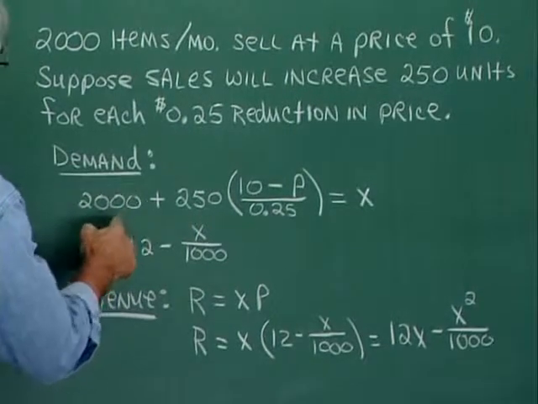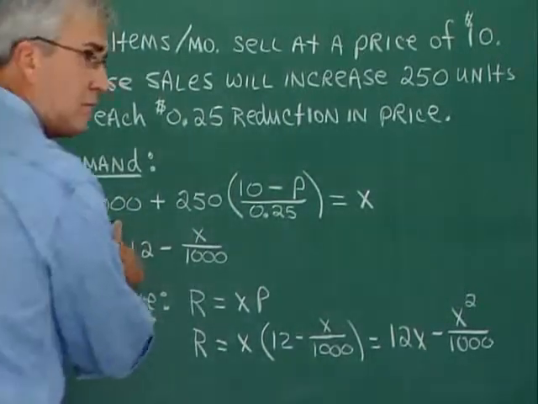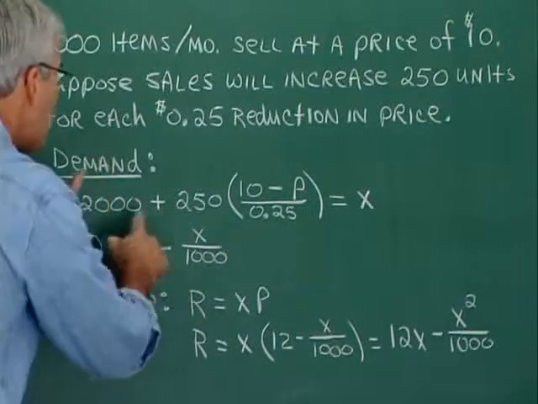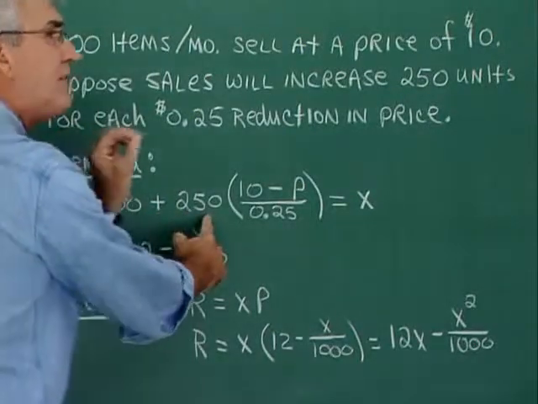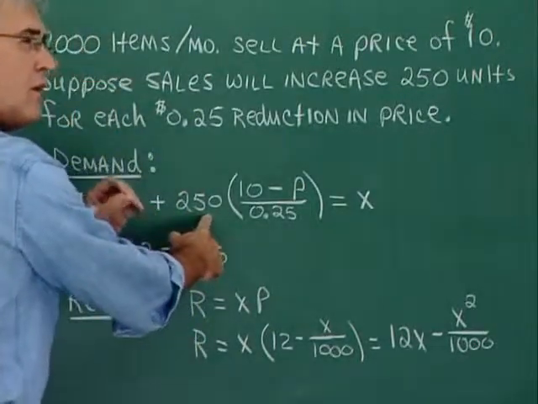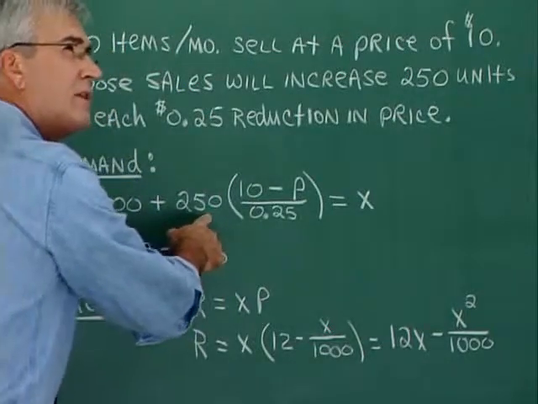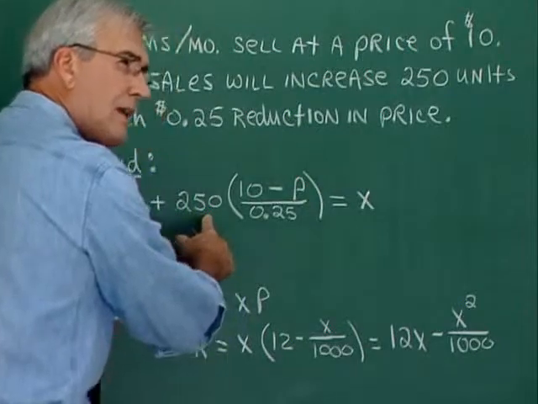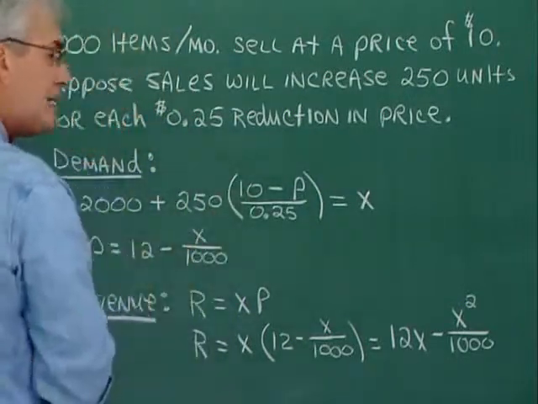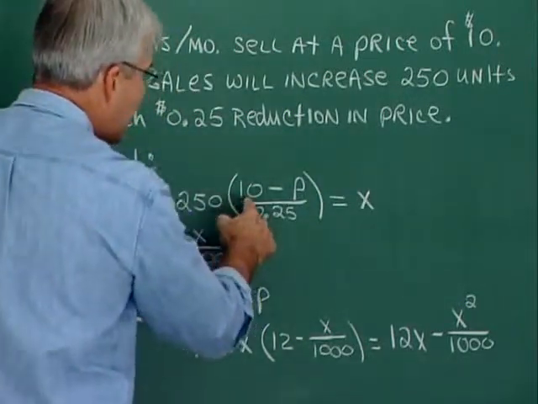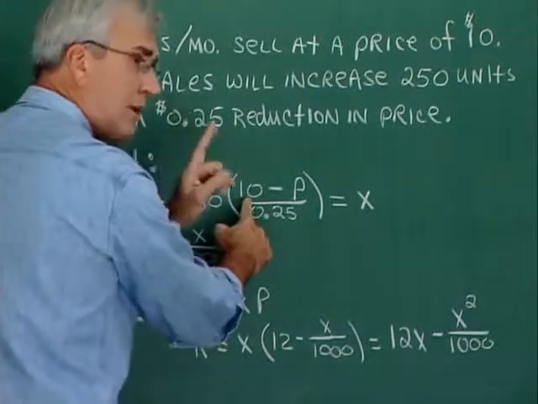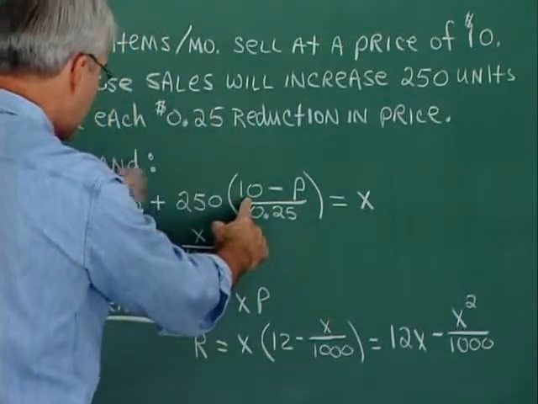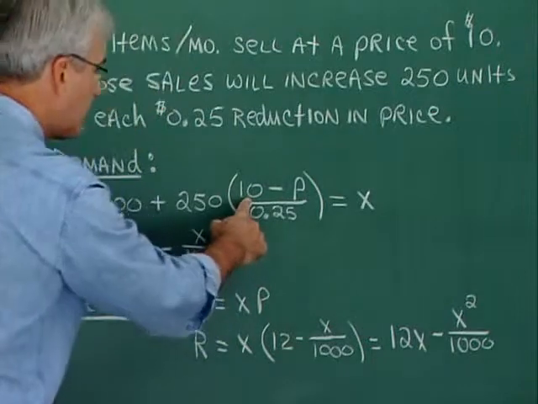It's 2,000 items sell right now, and we're going to add 250 items per month for every 25-cent reduction in price. Well, how many of those would there be? How do we calculate that? How do we express that idea? Well, the price that's established to begin with is $10. That's the basis upon which these 2,000 per month are sold.